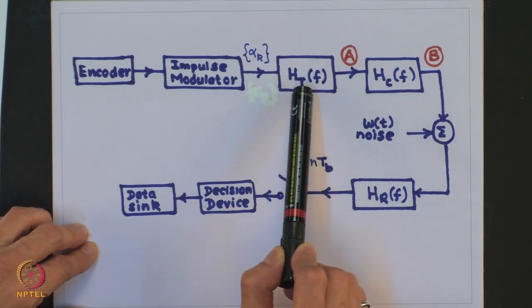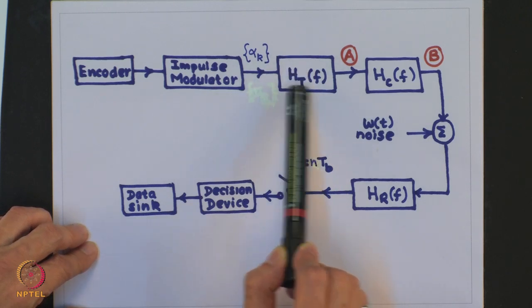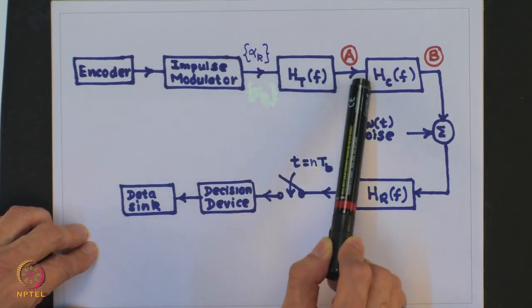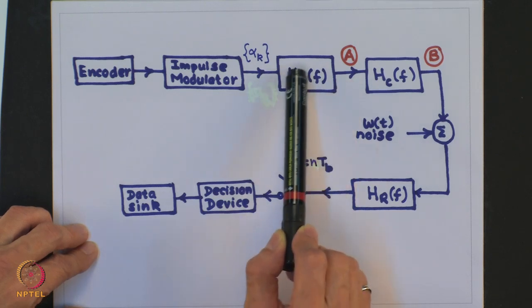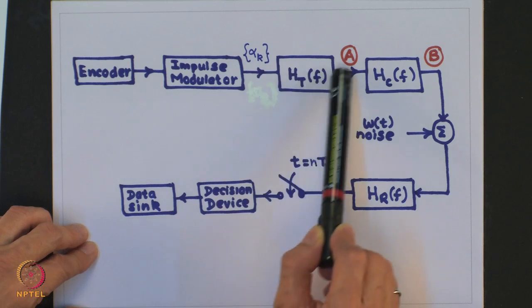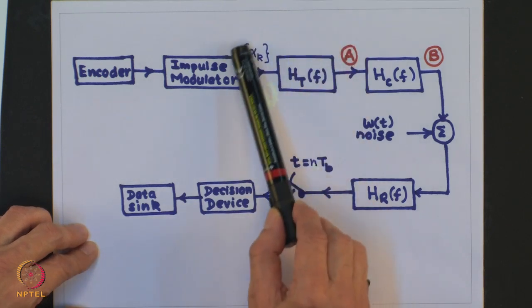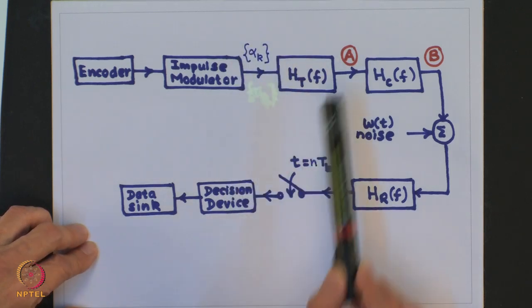So, if we choose the impulse response of this filter to be a rectangle pulse, whenever I apply an input impulse here, I will get a rectangle pulse as the output of this filter. Correct? So, this is how you can generate at this point the appropriate line code by choosing the appropriate value of alpha k.